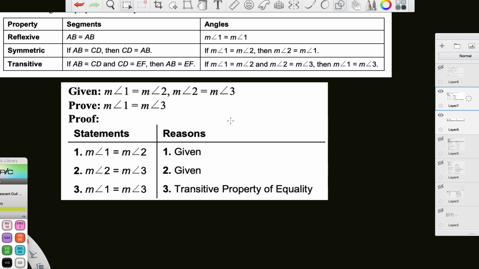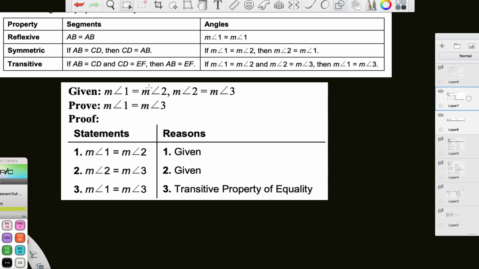So the biggest problem with this side of the page is it takes a little bit longer for a simple statement. You could have just said, hey man, transitive property. But in geometry class for proofs, you pretty much have to write everything out individually, like they did here.